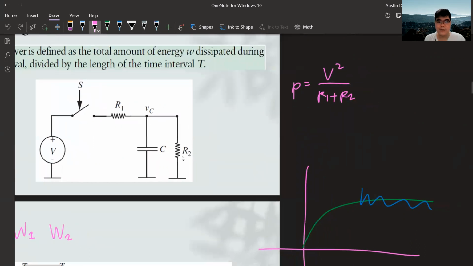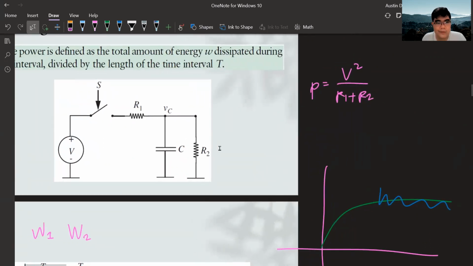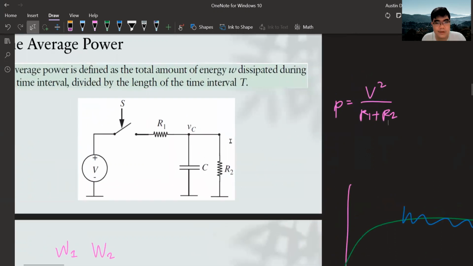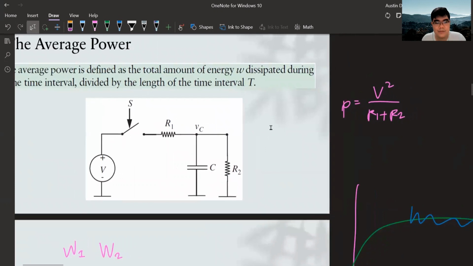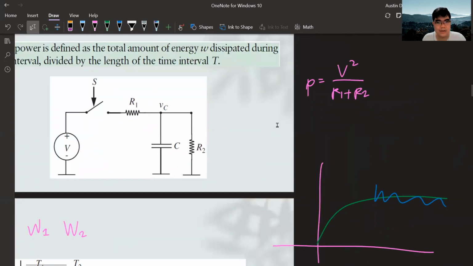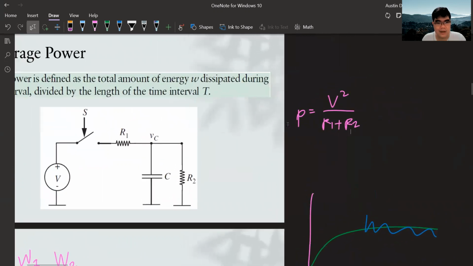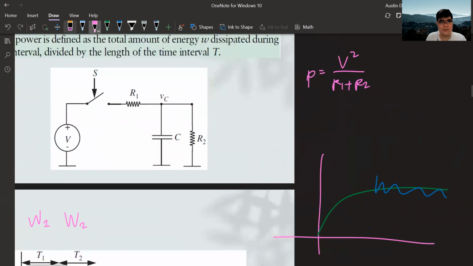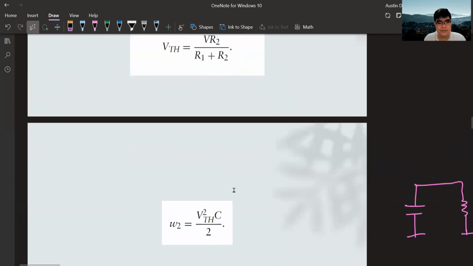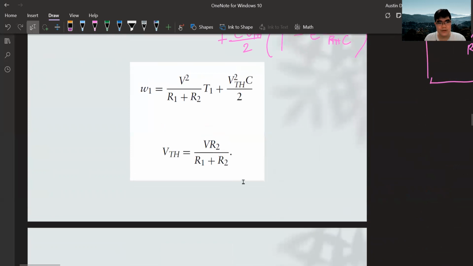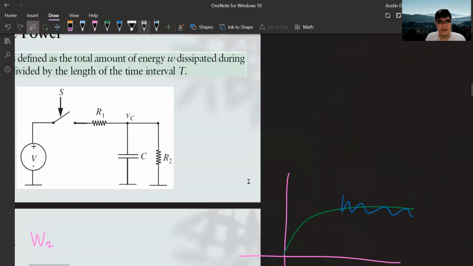Okay. So therefore, the average power, let me go back here. I'll just use this one. So the energy, what is it? Sorry, going back, I'm lost. P is V squared over total R, R1 plus R2.